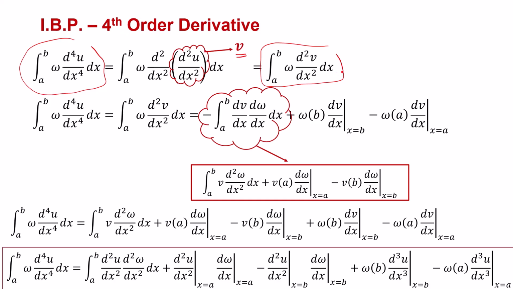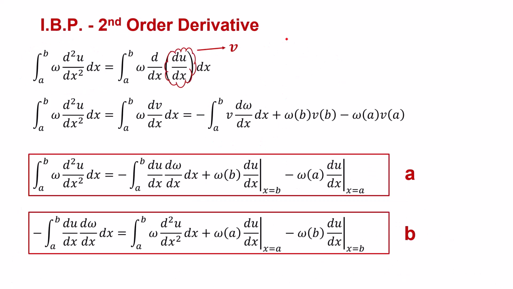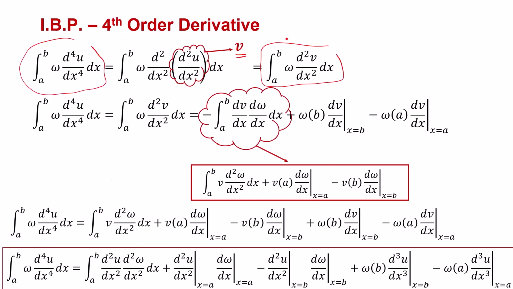Now we can directly use the results from equations A and B from the previous slide. So using equation A, as you can see here, I can write this integral as this equation.